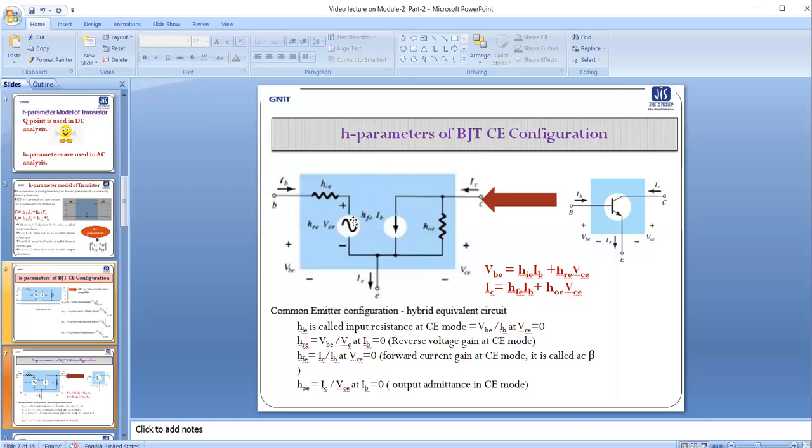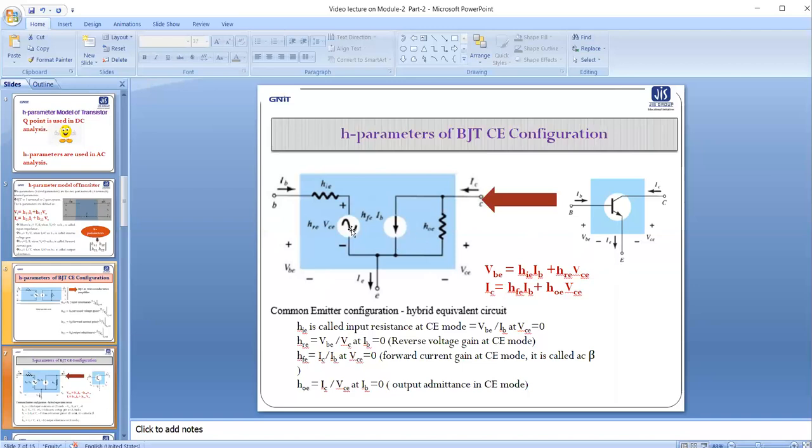The generalized designation will be hr into Vi. Now, focus on the CE configuration. What is the Vi? The Vi is nothing but the VBE, base emitter voltage. So base emitter voltage is the VBE, it is the actual input voltage of the common emitter.